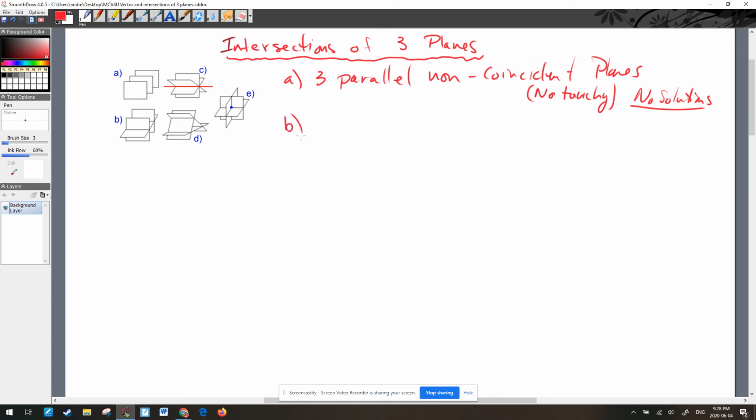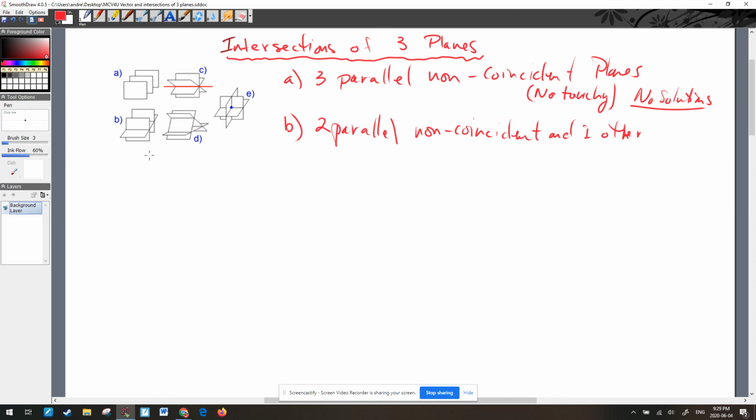Case B is two parallel, non-coincident, and one other. So we got two parallel and one other one.